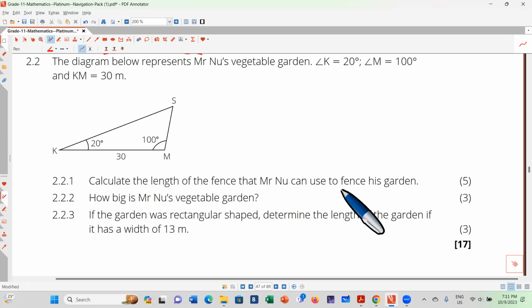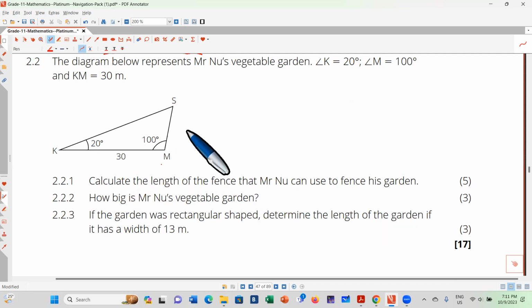So let's think about this. We need to find the length of the fence. Remember that this is a garden, and the garden is like a triangle. The diagram below represents Mr. New's vegetable garden. But now we want to know the length of the fence that Mr. New has to use.